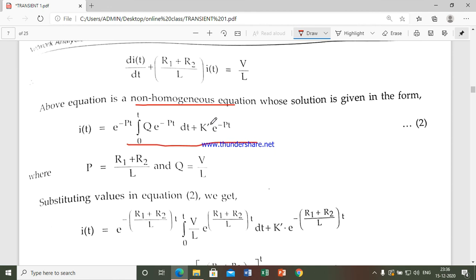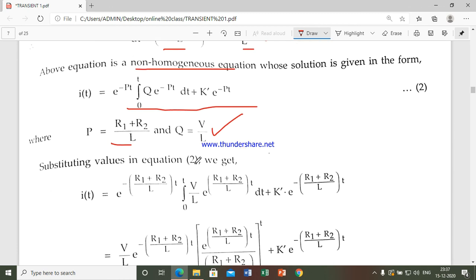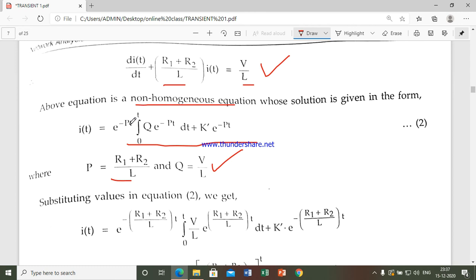And also here you should compare this with another standard expression, di by dt plus p into I of t is equal to q. So you can observe that the first term represents p, and the second term represents q. Next, you can rearrange this expression, and you should substitute the values of p and q in the above expression.